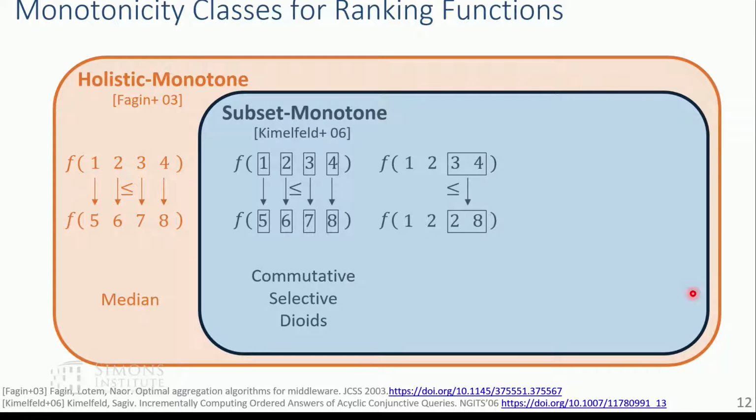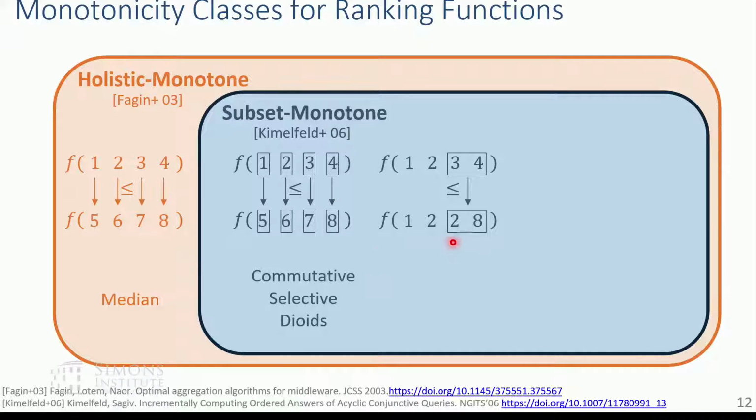So with these semirings, the selective dioids, we get a certain kind of monotonicity. But here's where things get interesting, because there are also other kinds of monotonicity. In particular, in work on instance optimal algorithms, there is another kind of monotonicity that I call here holistic monotonicity, just to differentiate. What it says is that if you have an aggregate function and you increase all of its arguments, then the aggregate function can only increase. Now, the monotonicity we are talking about for semirings is actually stronger than that, because we need to be able to do that for any subset of elements.